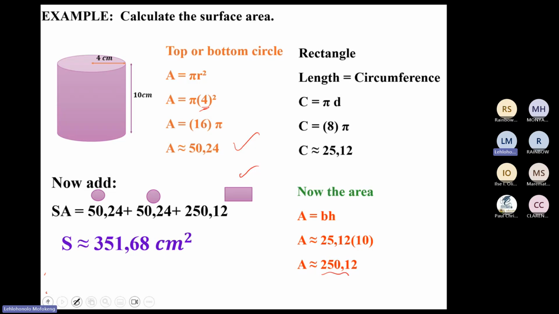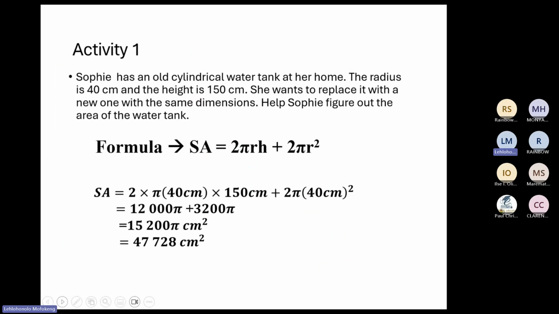Right, and then we also have activity 1. Sophie has an old cylindrical water tank at her home. She wants to replace this one with the same tank. So to help Sophie calculate the surface area, it will be surface area is 2 pi r h plus 2 pi r squared.